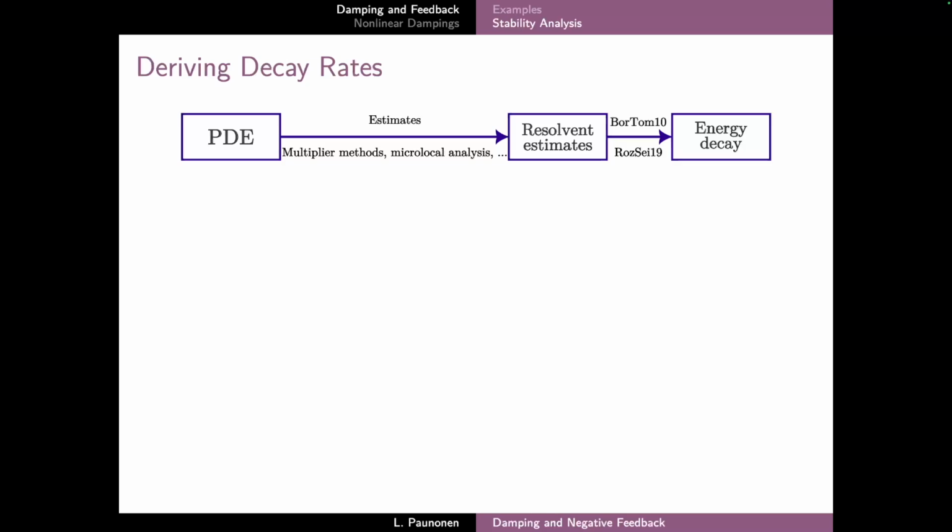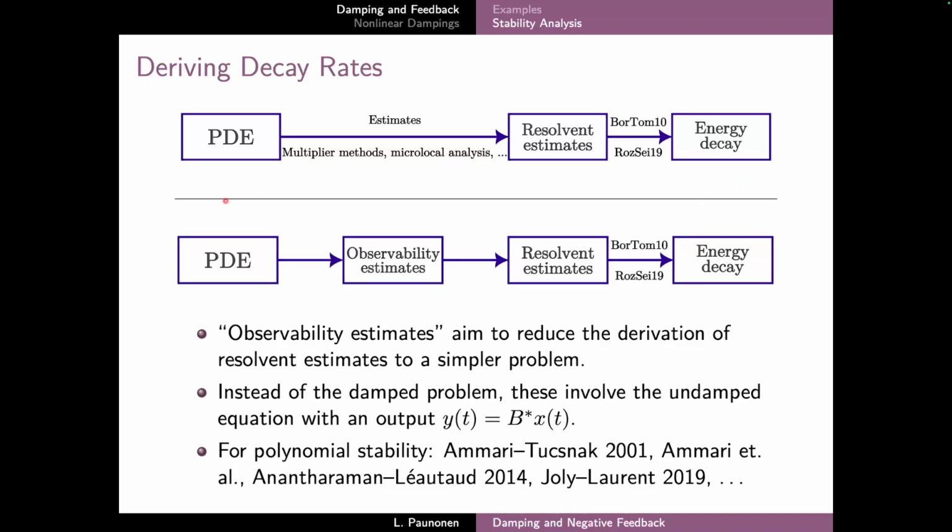When we would be using observability estimates, the process would be slightly different. So we'd start with the abstract equation, and then we would check if A and B satisfy some kind of an observability estimate for the original open loop system. Then we would like to use results which, based on this observability estimate that we have derived, give us a resolvent estimate for A minus BB star.